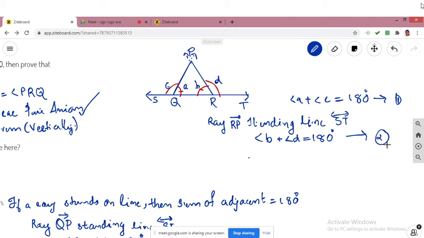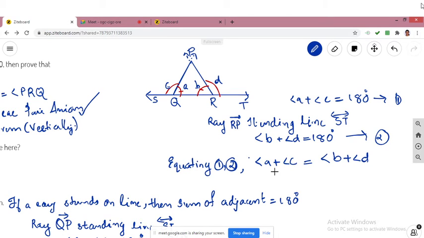Yeah, I am getting yes. So equating equation 1 and 2, what will we get? Angle A plus angle C is equal to angle B plus angle D. Okay.